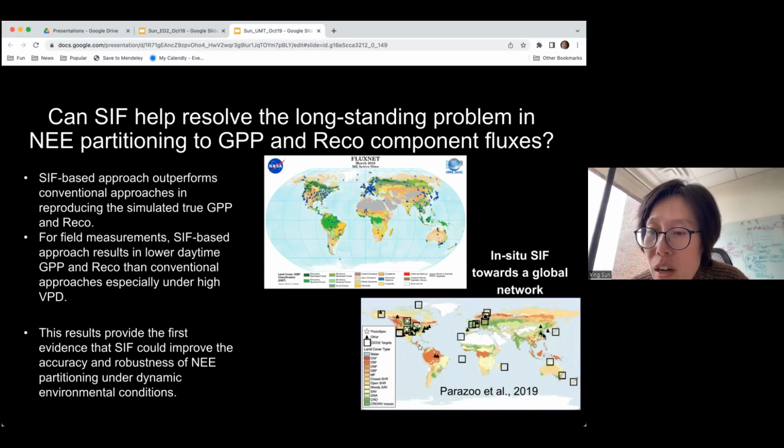Say if we can apply this approach across the globe for all the sites equipped with a SIF instrument, then we can have a much better handle on the GPP budget and see how that compares with the conventional approaches. So that's the first project I would like to talk about.